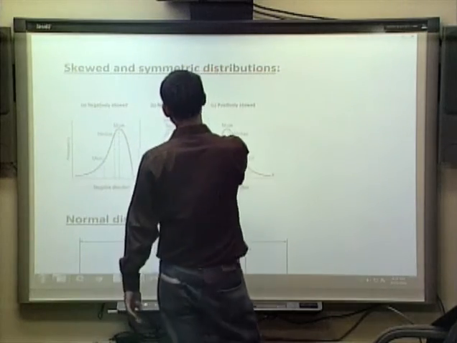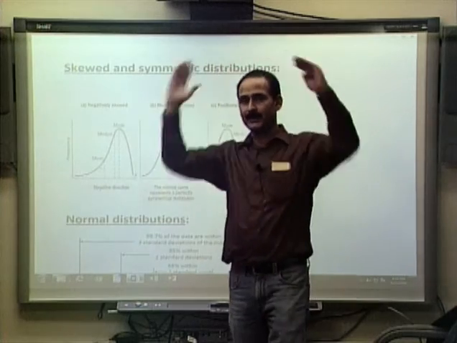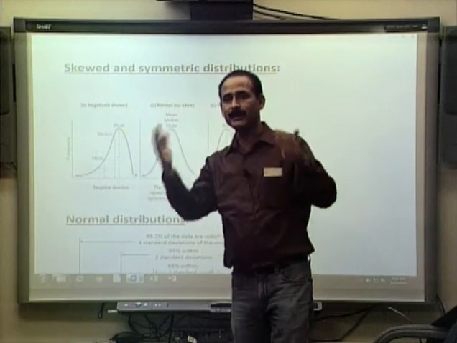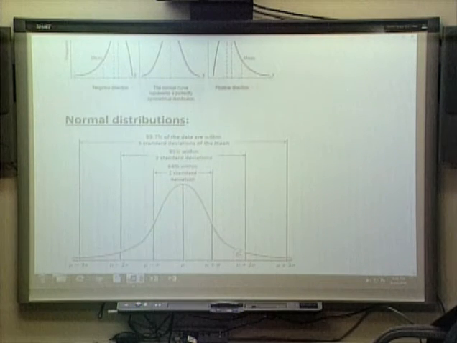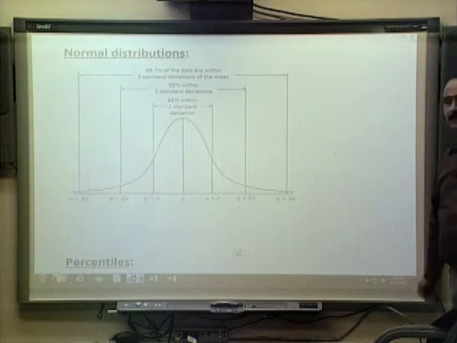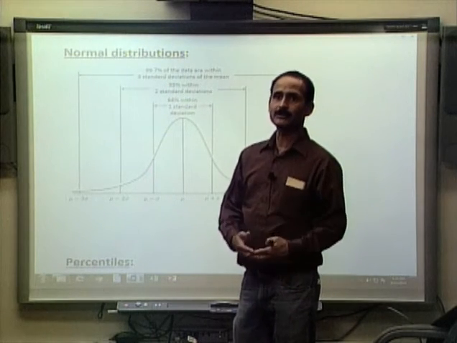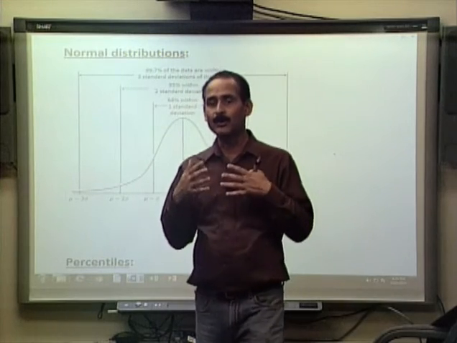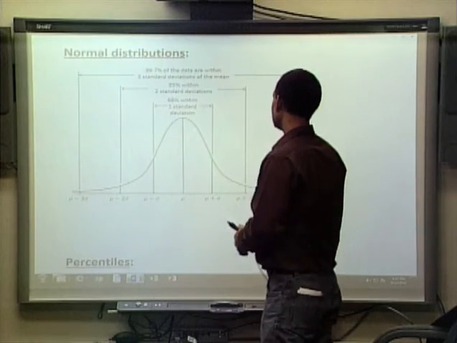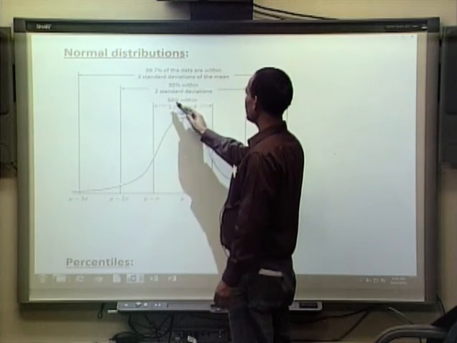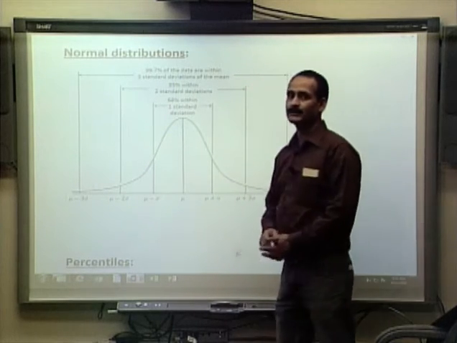The symmetric distribution which looks like this, more or less like a bell, a bell-shaped symmetric distribution, is called a normal distribution in the language of statistics. This is what the shape of the normal distribution looks like. And for a normal distribution, we have a rule for how the data is distributed. The rule says 68% of the data should lie within 1 standard deviation of the mean.